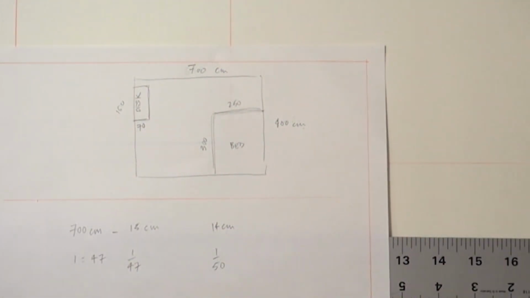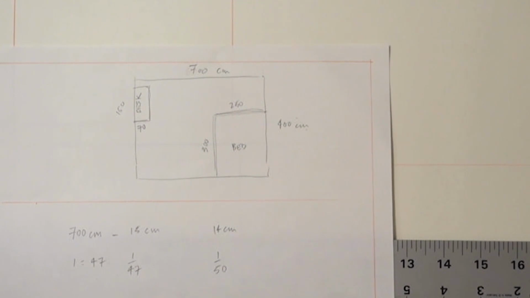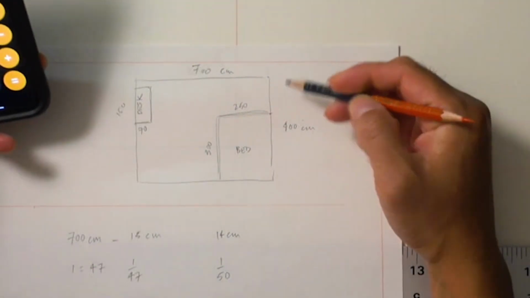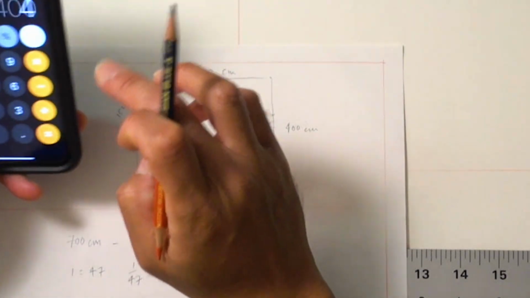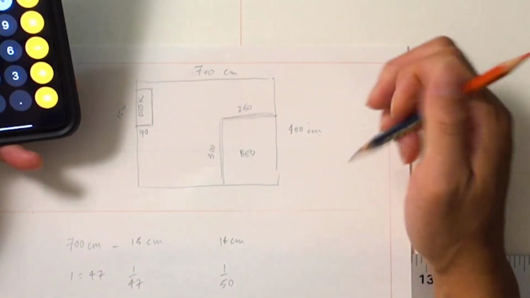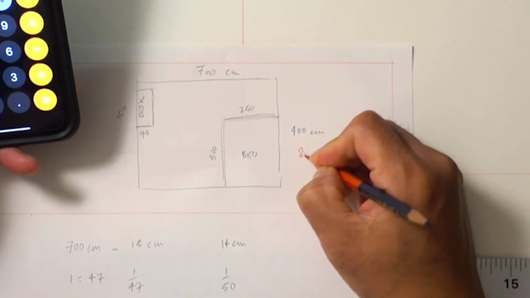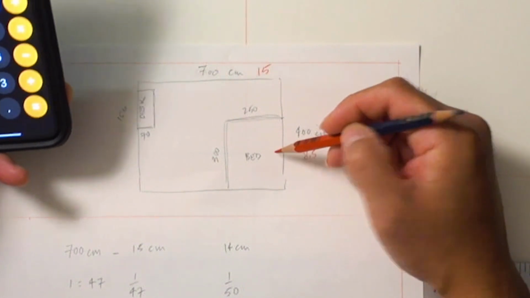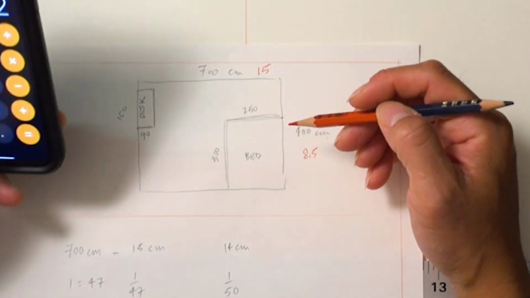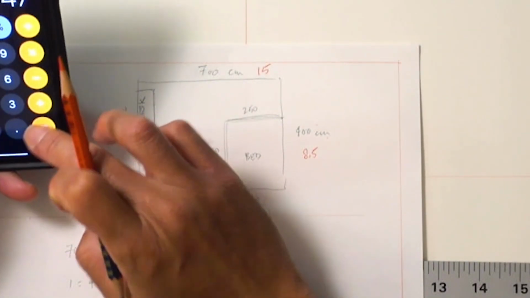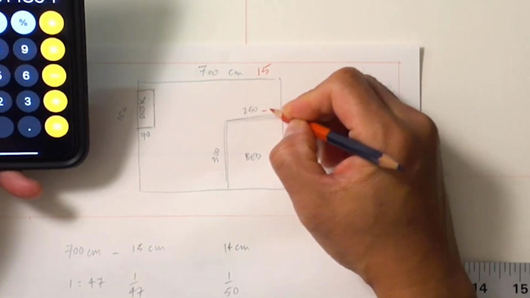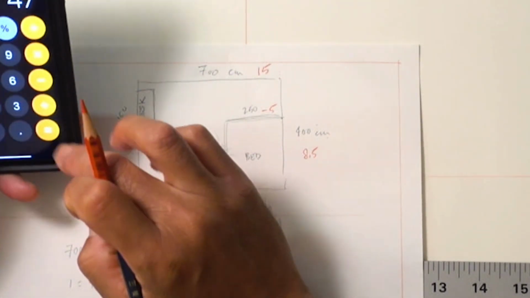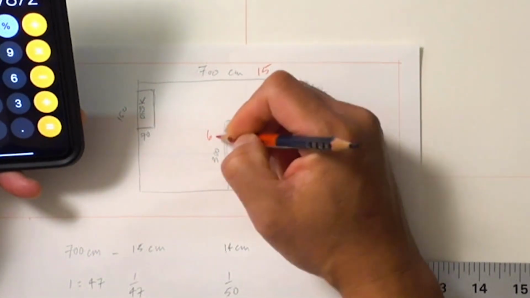Now you're going to make the room: 400 divided by 47 is going to be 8.5. This is 15. The bed, 250 divided by 47, you're just going to round it up, is going to be 5 centimeters. 300 divided by 47 is 6 centimeters.